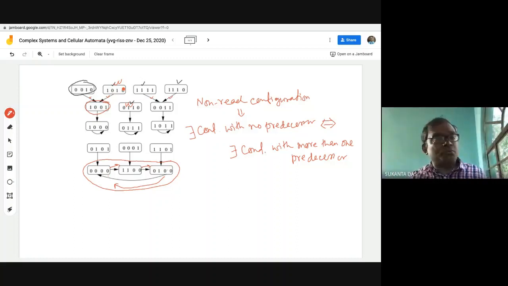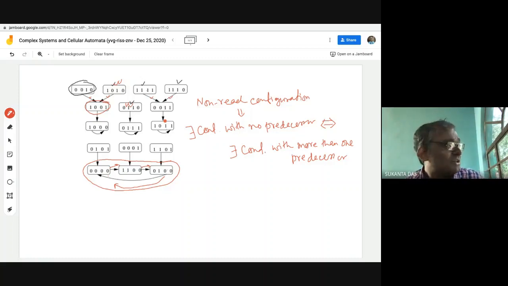The configurations are of two types: reachable and non-reachable. Here, these are the non-reachable configurations, and the rest are reachable. Reachable configurations are of two types, cyclic and acyclic. If a configuration lies in some cycle, then it is called a cyclic configuration.